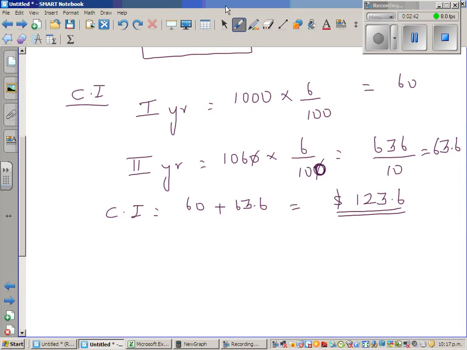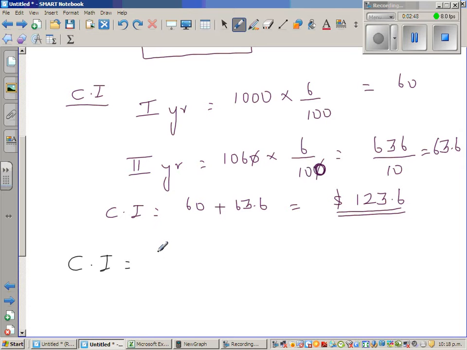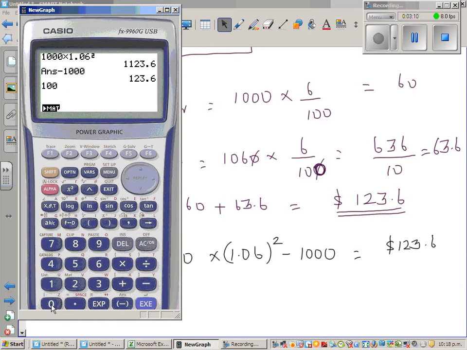If you want to do this in one step, compound interest would be 1000 times 1.06 squared, which gives you the amount, minus the principal, which is 1000. Let us do this on a calculator: 1000 times 1.06 squared, and take away 1000, which is 123.6. The 1 stands for when you're increasing by 6%, so the factor is 1.06.